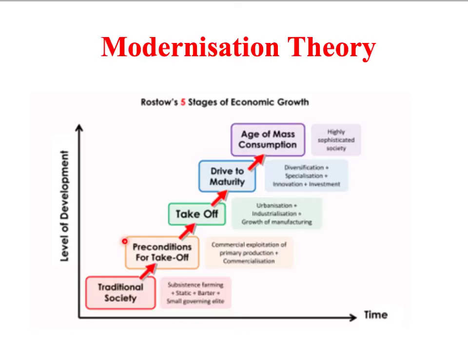However, perhaps the most damaging criticism of modernisation theory is the accusation that it's an ethnocentric perspective. So this means it assumes that the kind of Western industrial consumer societies that we find in places like Western Europe and America are a superior form of society to other types of societies that we find in poorer regions of the world.